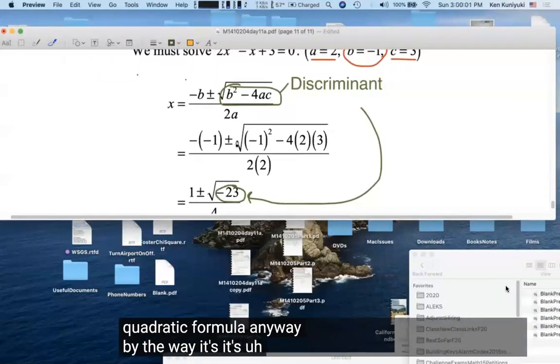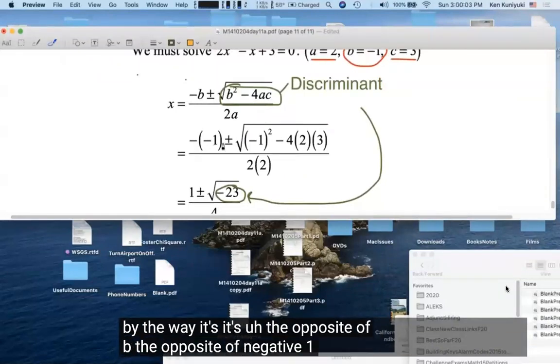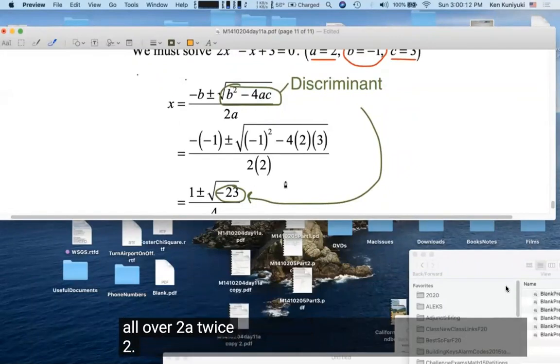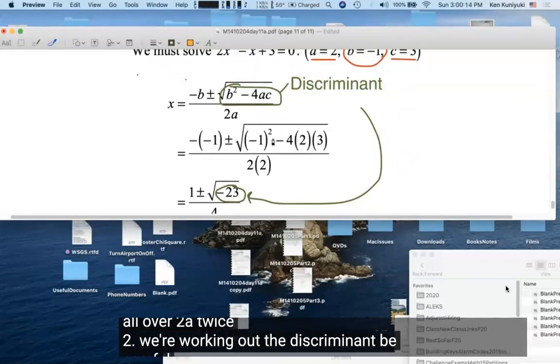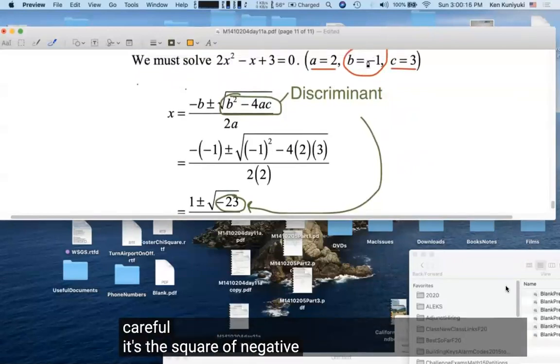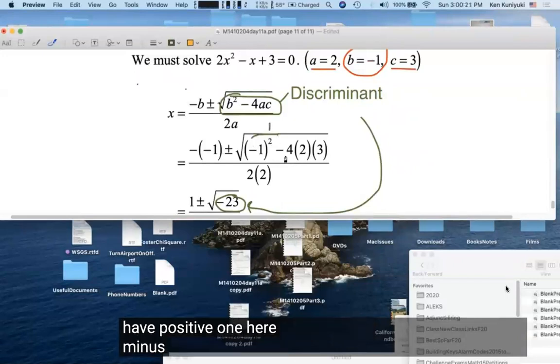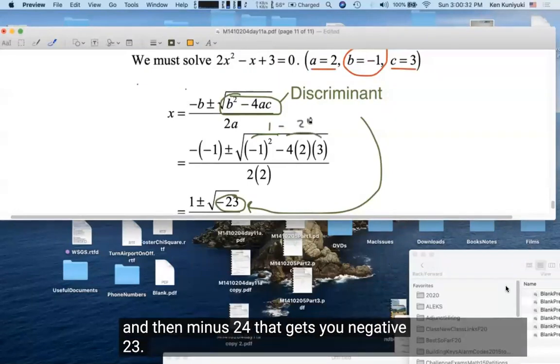By the way, it's the opposite of b, the opposite of negative 1, plus or minus the square root of the discriminant, negative 23, all over 2a, twice 2. When working out the discriminant, be careful. It's the square of negative 1, so we have plus 1 here, minus 4 times a times c. So it's minus 4 times 2 times 3. 1, and then minus 24, that gets you negative 23.